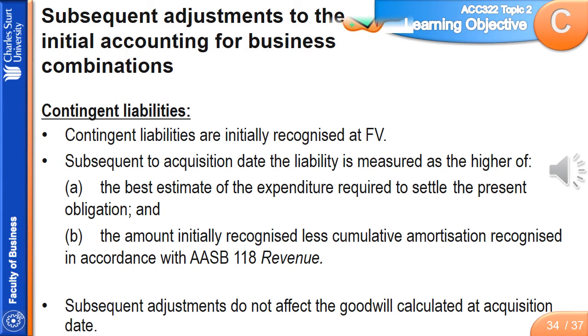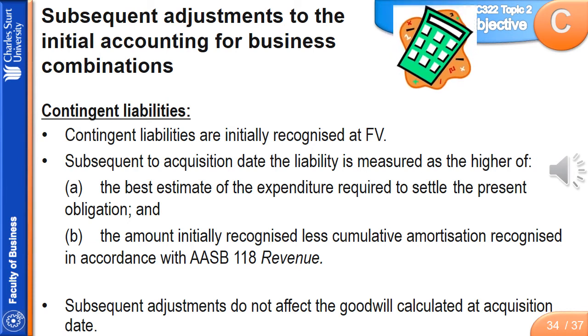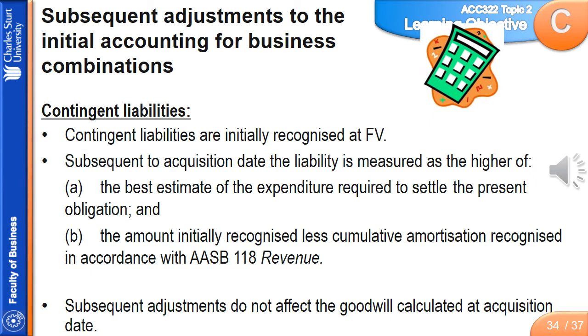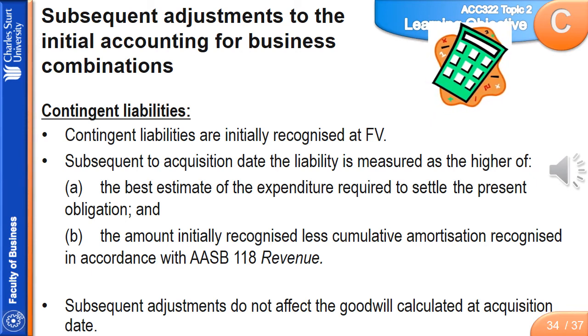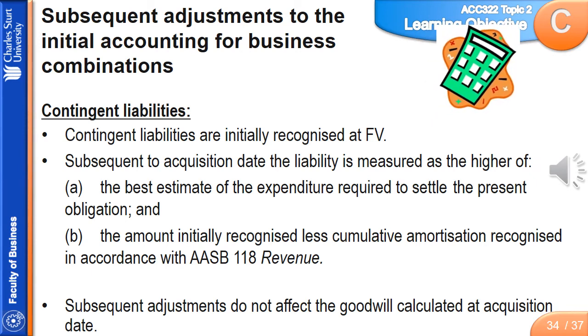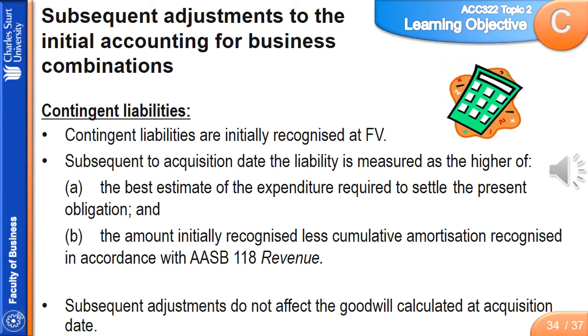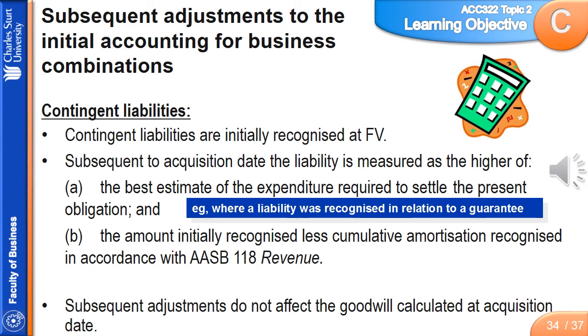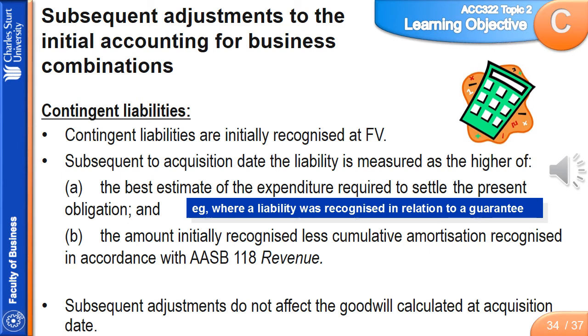I mentioned this earlier, but contingent liabilities are initially recognized at fair value, and subsequent to the acquisition date, when they're measured, it can be the higher of either the best estimate of the expenditure required to settle the present obligation, such as where a liability was recognized in relation to a guarantee, or the amount initially recognized less cumulative amortization recognized in accordance with AASB 118.